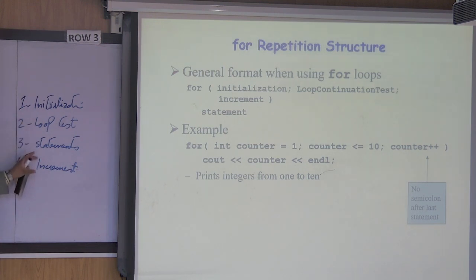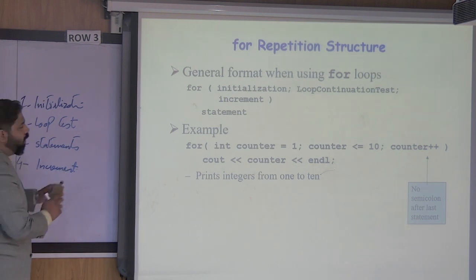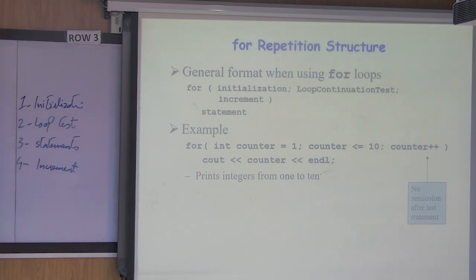Have you found these things in while? Did you initialize variables? Was there a condition inside while? Was there a body of while? Was there an increment or decrement? The same is the case with every other loop as well. These are the essentials of looping. If anywhere you find the composition of these, it means you are somewhere in a loop, isn't it? The same is the case with the for loop. Now the syntax of for is a bit different here, and we just change the placement of everything slightly.